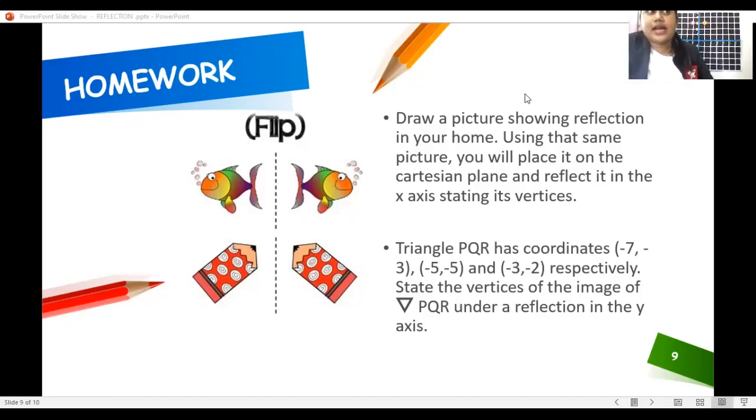So remember, your X coordinate is the same and your Y coordinate changes when we're dealing with reflection in the x-axis. And when we're dealing with reflection in the y-axis, it's going to be the opposite. Your y coordinate will remain the same and your x will change. So is that clear? Any questions?